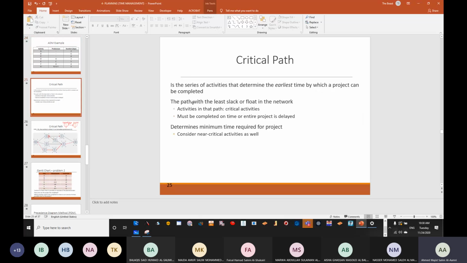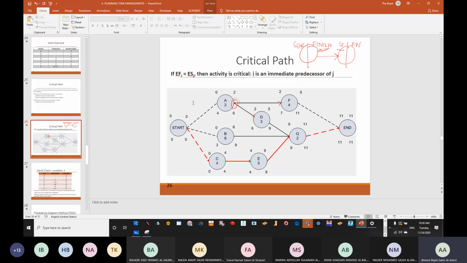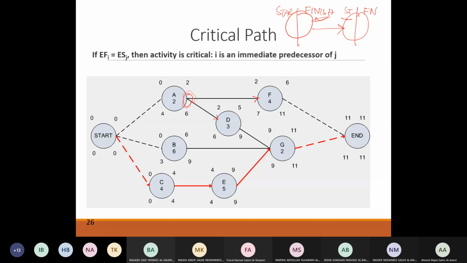You don't require the PowerPoint. I'm just using the PowerPoint because I cannot return back and draw for you the same thing. The solution, you need to return back to the class. Open the class and then you'll see. Or you can take a picture now if you want.